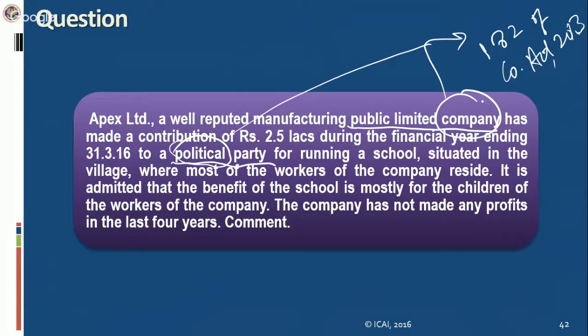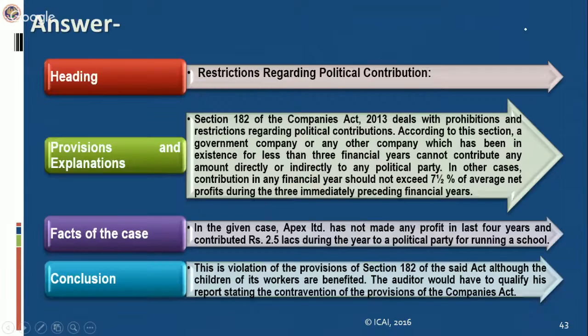As you can see here, this is a company and a political contribution has been made, and you need to comment whether this contribution is fine or not. Then section 182 is attracted here. Now you need to write a heading, restrictions regarding political contribution. This is not necessary, but if you write it, it gives a good impression on the examiner.